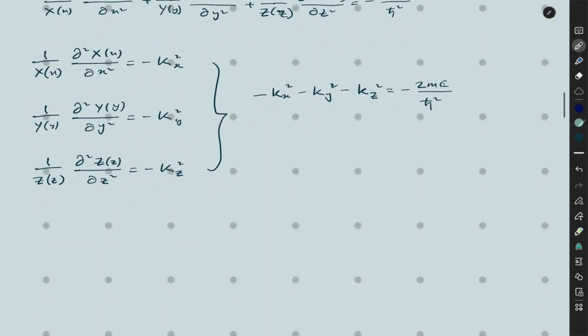So this gives us a crucial link between the k values and the total energy. So now the total energy is becoming h cut square by 2m into kx square plus ky square plus kz square. So now we have successfully broken the 3D problem into 3 independent 1D problems.